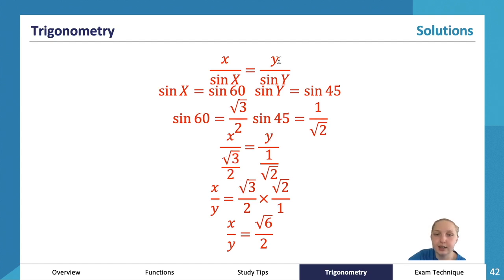Okay, same thing on the other side, little y still on top. We know that sine of Y is equal to 1 on root 2, so we're putting that in the denominator. So therefore we can say that x on y is equal to root 3 on 2 multiplied by root 2 over 1. And then we just end up with x on y is equal to root 6 on 2.